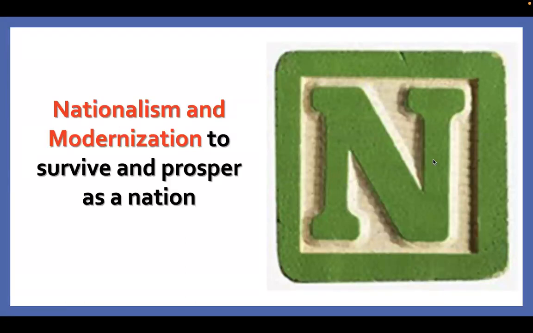And to survive and be fit, you needed to modernize. Well, modernization simply means that they adopt Western political systems, Western culture, and they industrialize. And these things promoted survival. Some nations were very successful at this. Some, like China, were not.